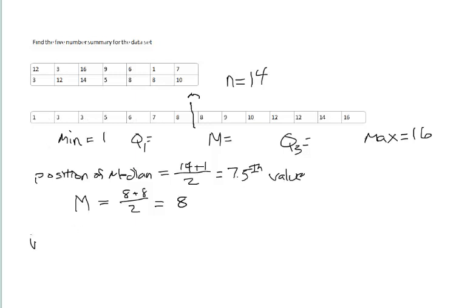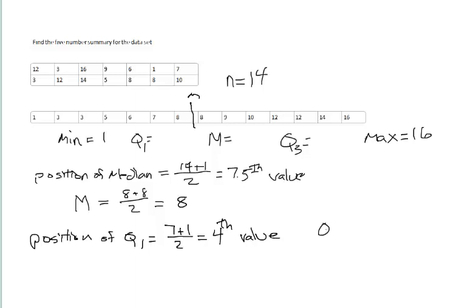So the position of Q1 is going to be equal to 7 plus 1 divided by 2, which is equal to 8 divided by 2, or the 4th value. So now we can go to the 4th value, and we can say that 1, 2, 3, 4, so our Q1 is equal to 5.